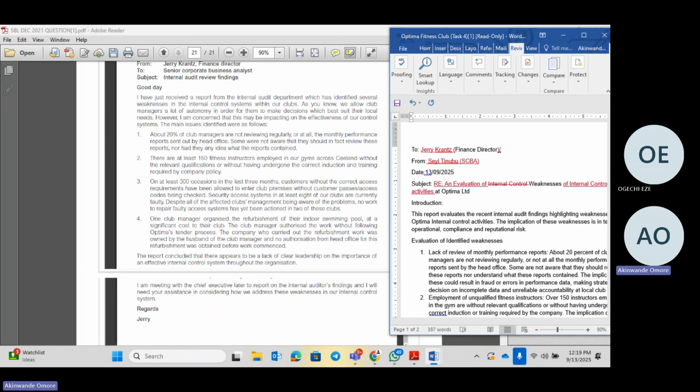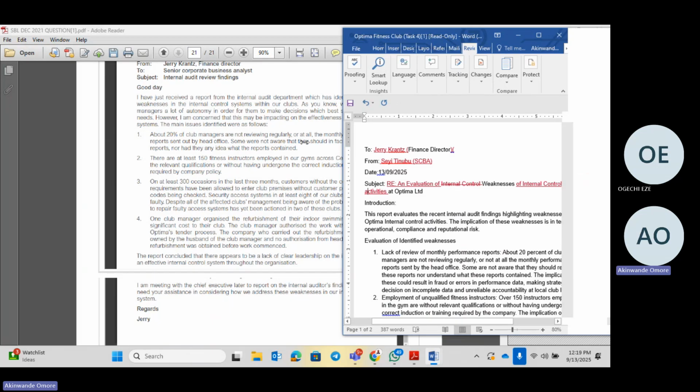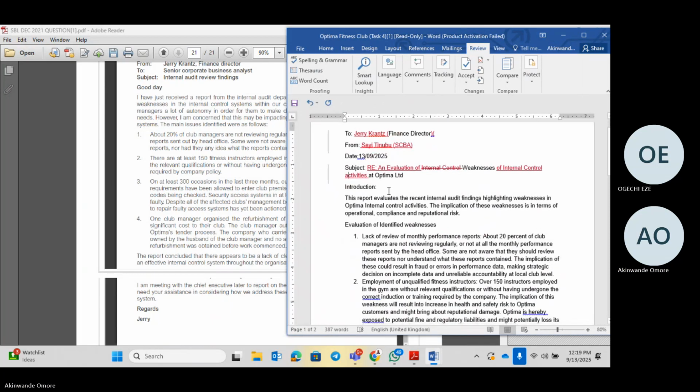So the introduction aspect, I like it. This report evaluates weaknesses in Optima Limited's internal control activities.